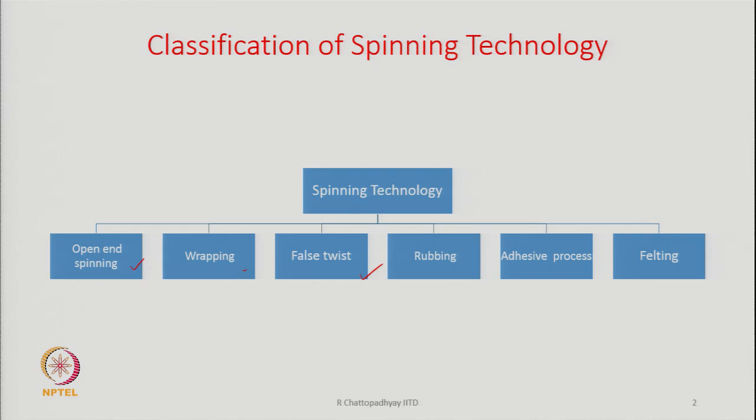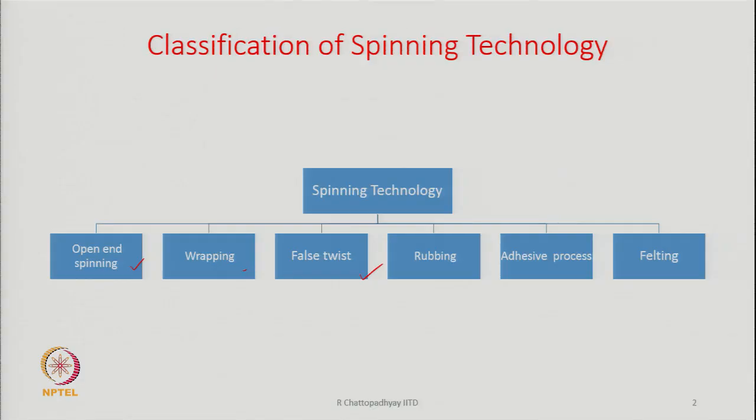And then the last one is felting technology, a felting process through which the fibers get stuck to each other. So, these are the various means used to produce yarns, and the set of technologies that exist, we call them new spinning technologies. We will learn each of them in more details.